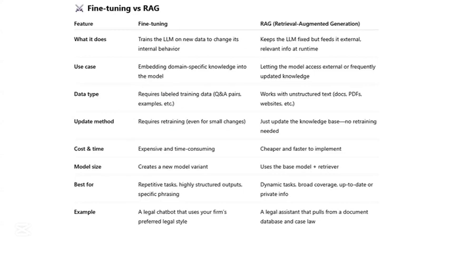Let's quickly go through this slide, which explains the difference between fine-tuning and retrieval augmented generation. Mainly, fine-tuning trains the large language models on new data. In RAG, we keep the large language model fixed, but we can feed our own data externally. One of the use cases is embedding domain specific knowledge into the model.